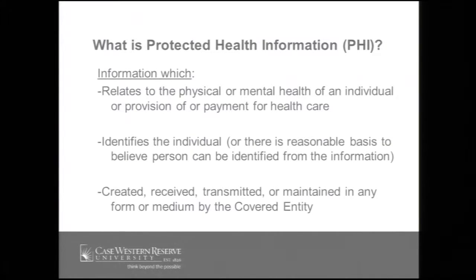Protected health information, PHI, is information that relates to the physical or mental health of an individual, identifies the individual, or there's a reasonable basis to believe that the person can be identified using the information, and is created, received, transmitted, or maintained in any form by the covered entity.